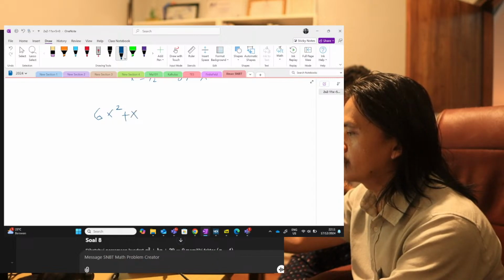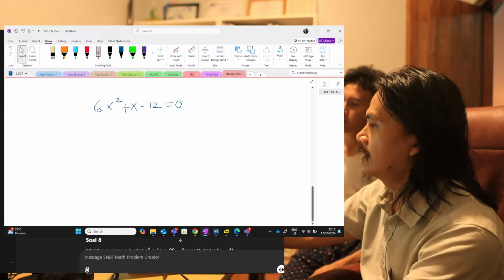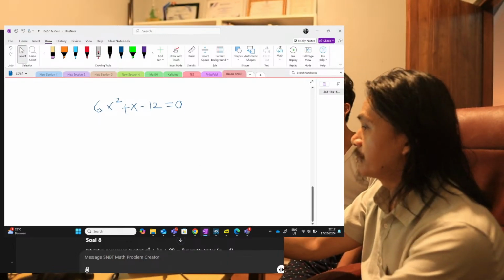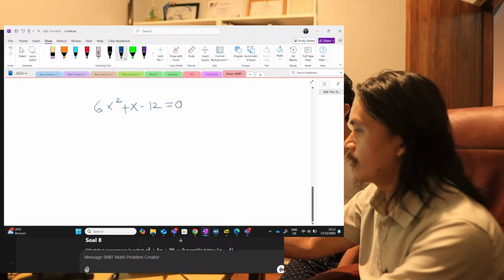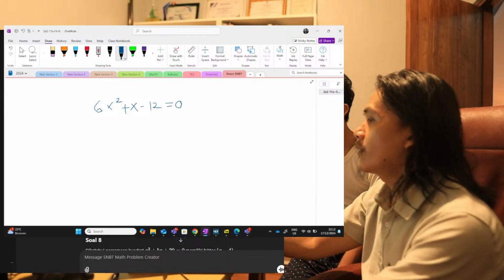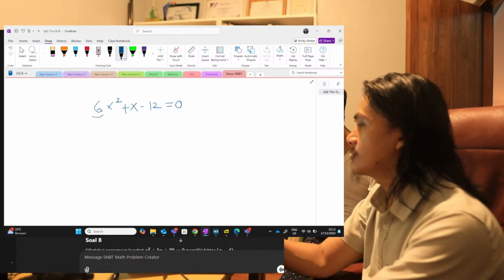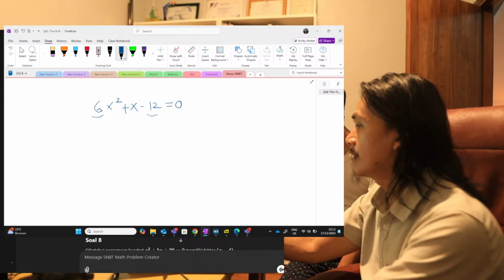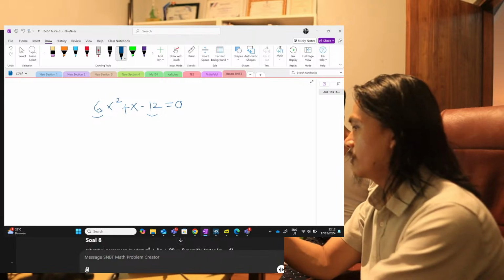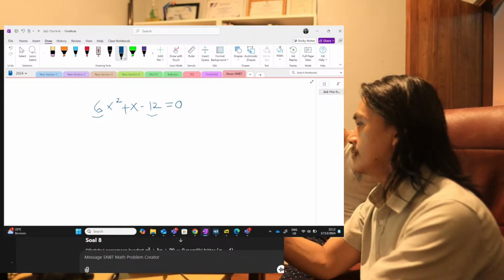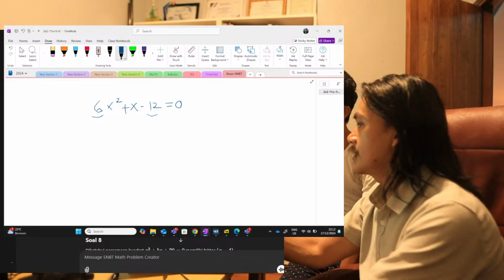Plus x minus 12. Okay, so here is the algorithm. It's still the same. Before, when the coefficient of this guy is 1, you just look at this guy, right? You want two numbers so that you multiply to get this guy.